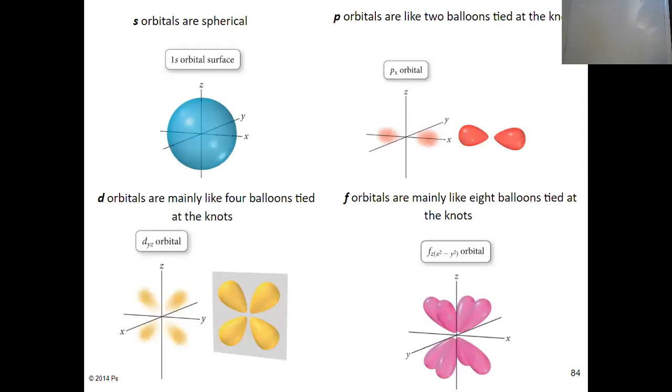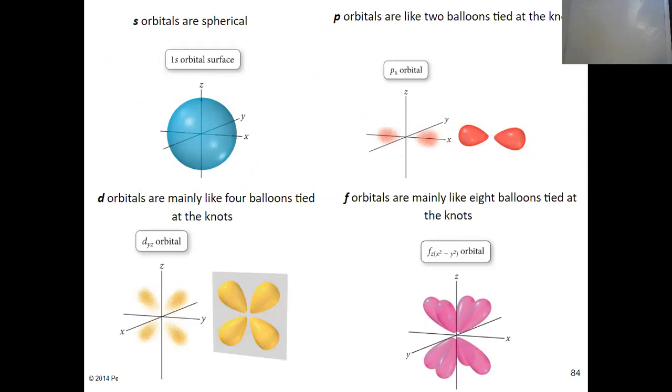And this is kind of what the orbitals look like. Your S orbitals are these spheres. They're very simple. Your P orbitals look like little balloons that are attached. This point right here, that would be like where the knot was, and they call it a node.